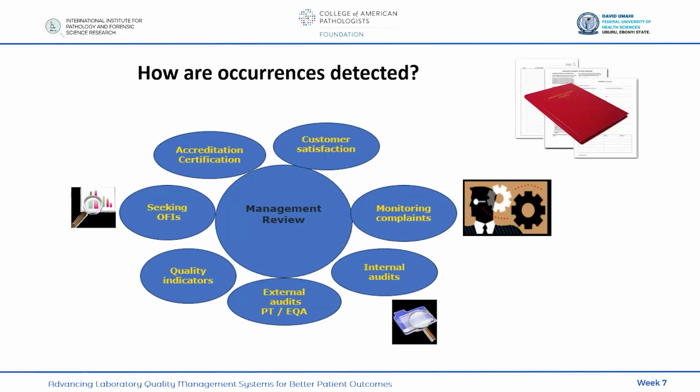And that should be either the lab manager or the quality control manager. Either of them, but there must be somebody responsible for occurrence management. So there must be management review, but what will you review when there is nothing on ground? So how can you detect these occurrences or events that don't meet the expectation or standard?